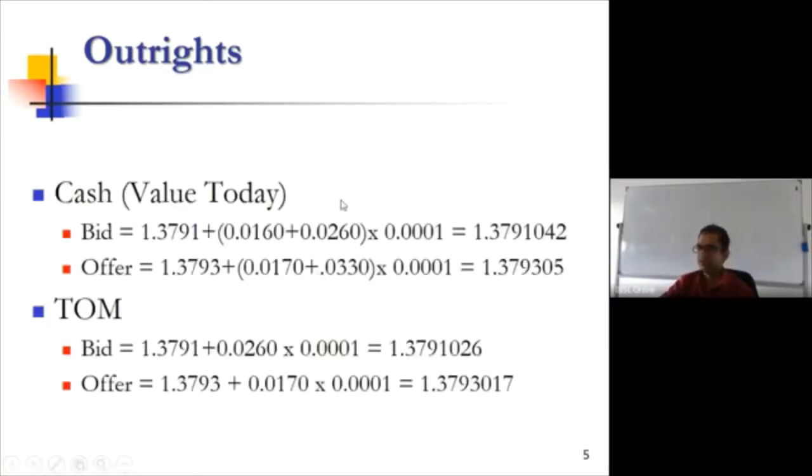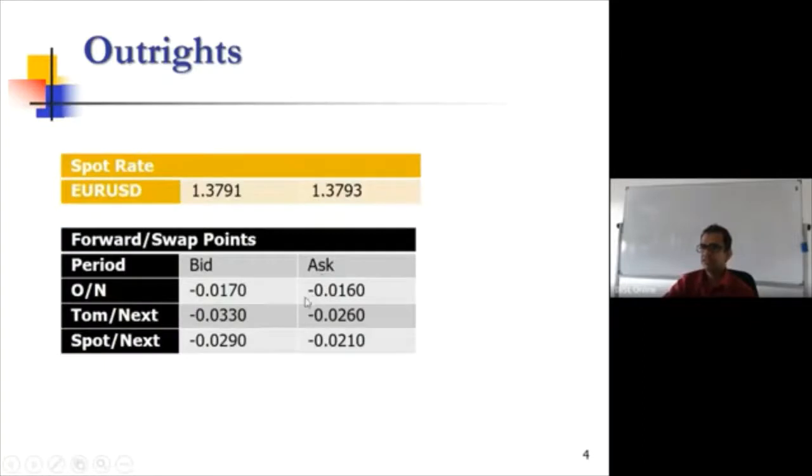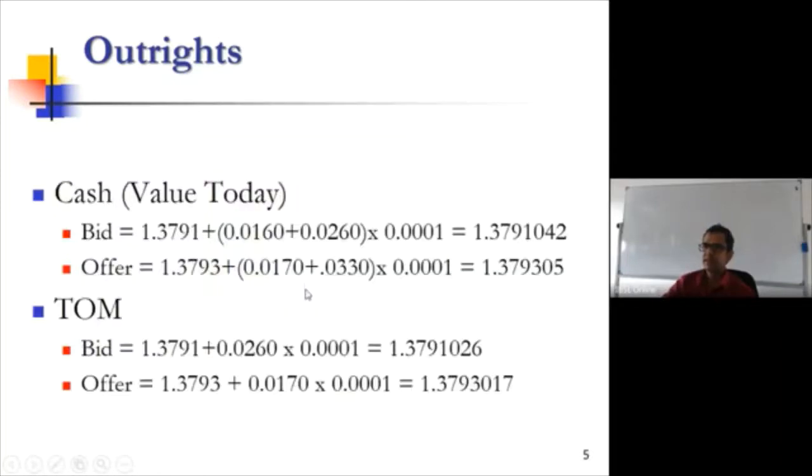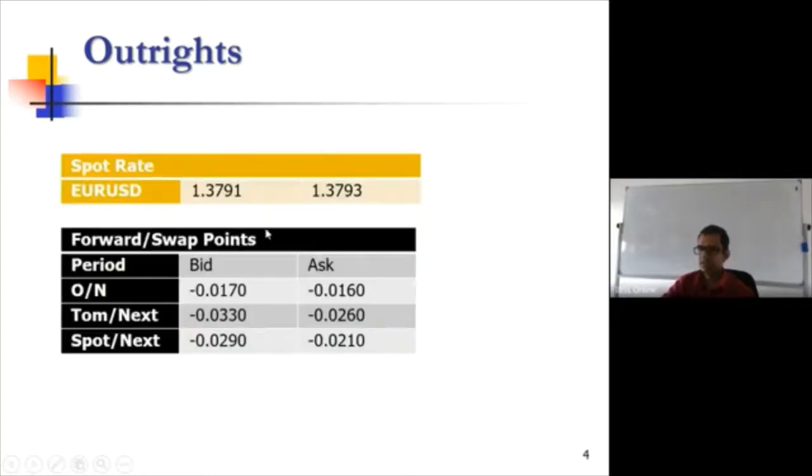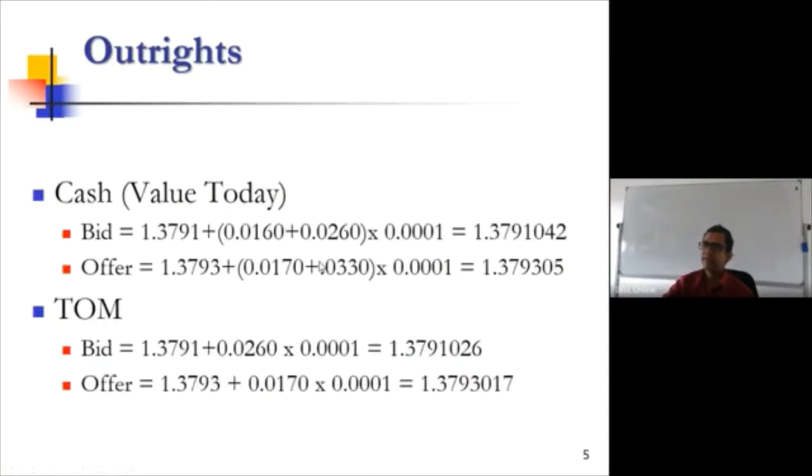So therefore, though these points are negative, we consider them as positive. That's why we add here. We add these two overnight and Tom next points and multiply by 0.0001, that means divide by 10,000, to get the cash bid.